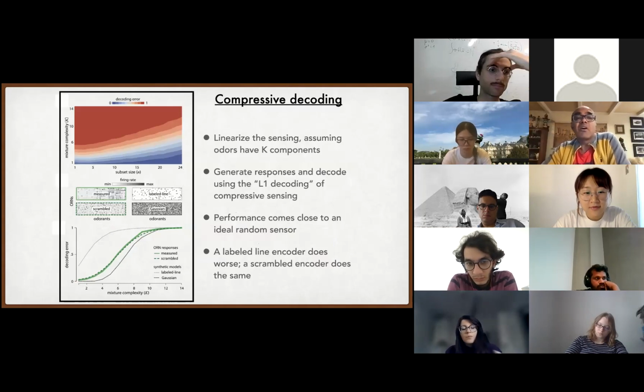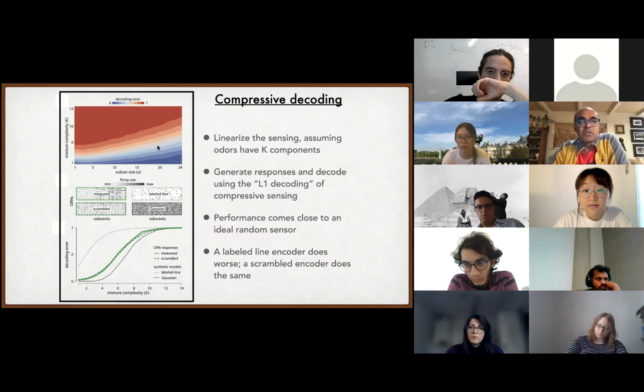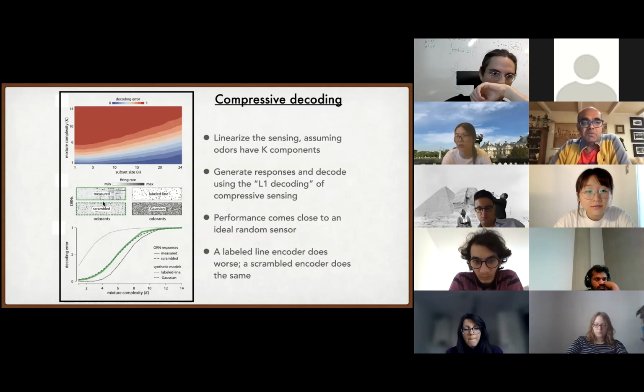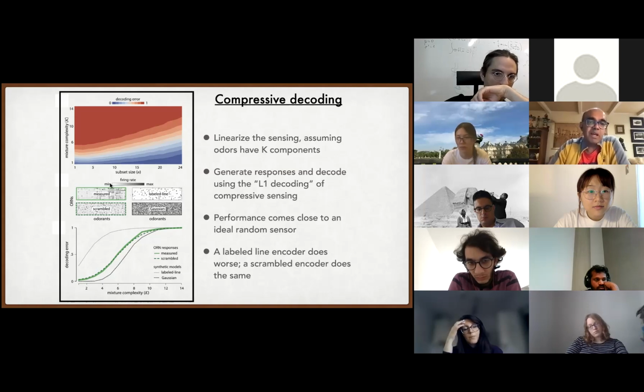First I'm going to try to argue that you can, in fact, do this. Maybe I should have called this compressive encoding, not decoding. Here is the measured response matrix. You remember, on this side are the receptors, on the top here are the odors. You make a long odor vector, multiply this matrix with the odor vector, and that tells you the response.